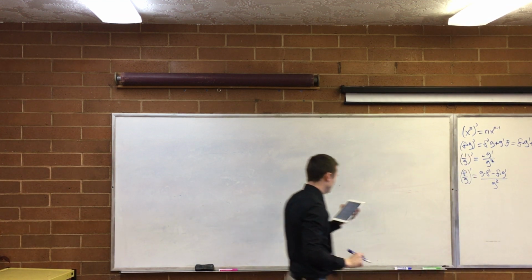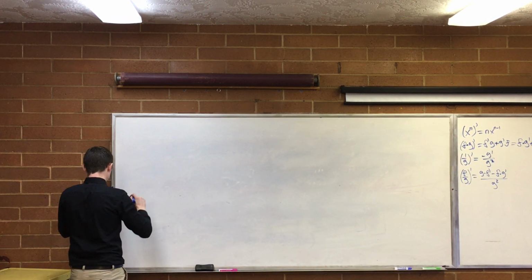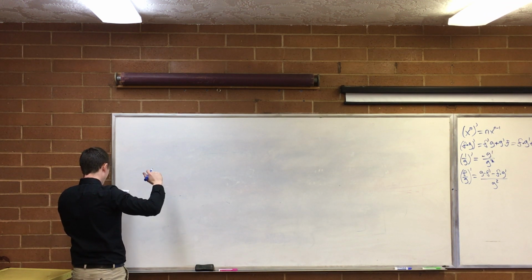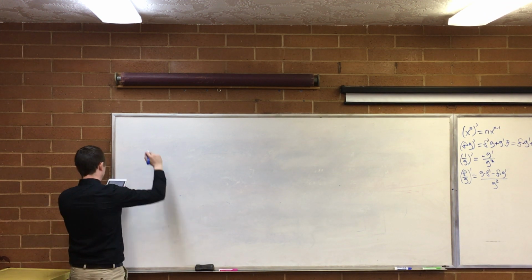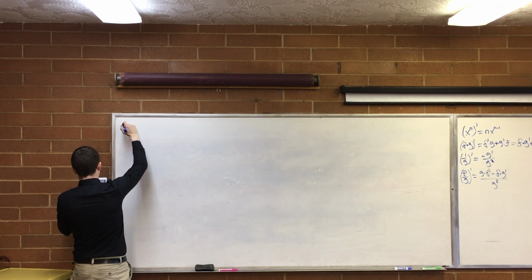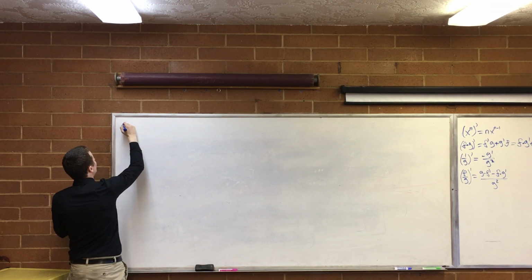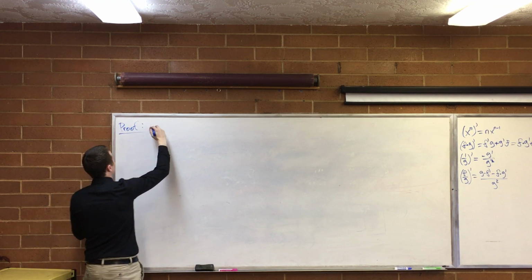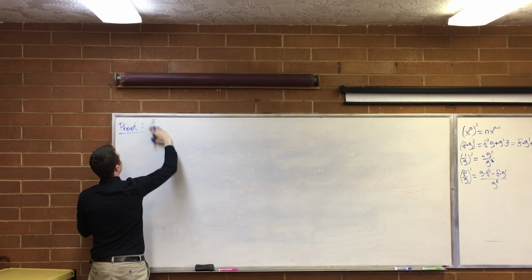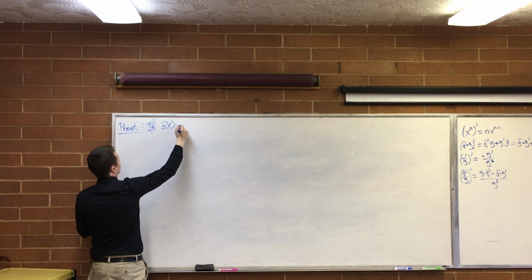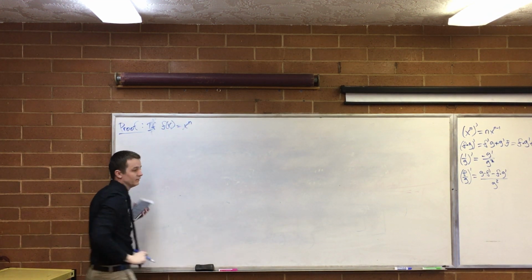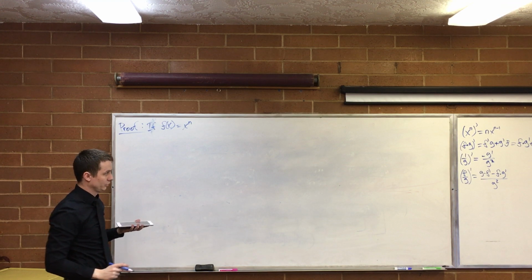So 4.7 is saying if f of x is equal to x to the n, where n is any integer now, not just a natural number.